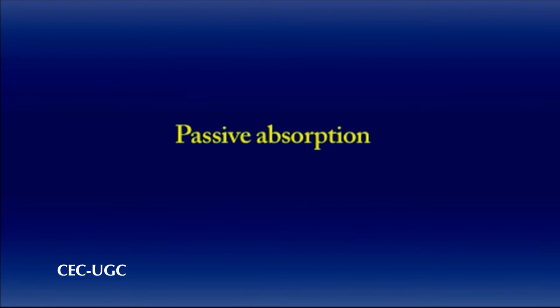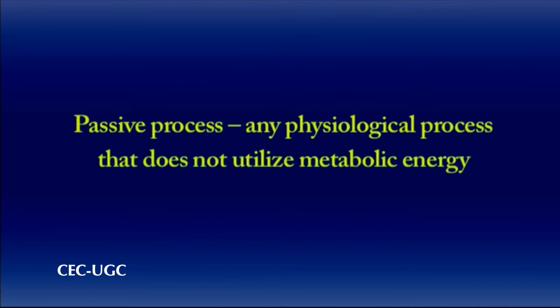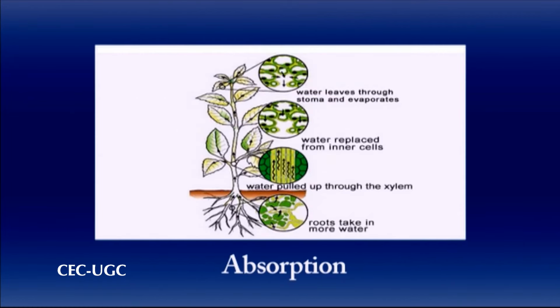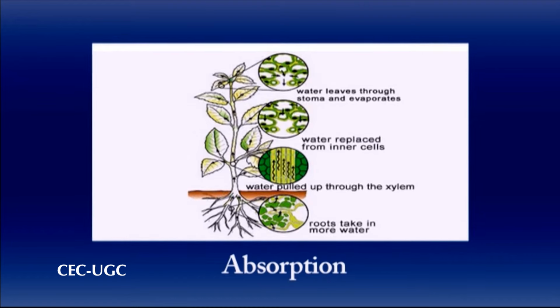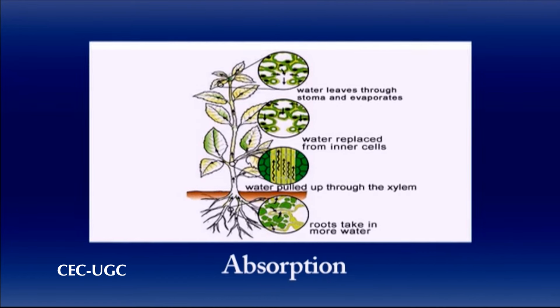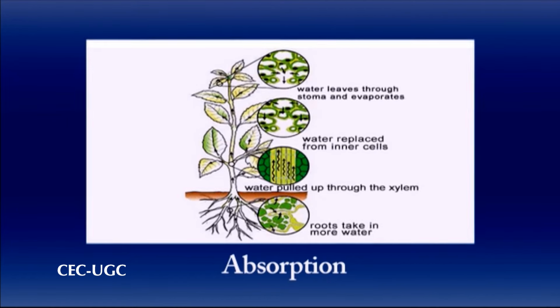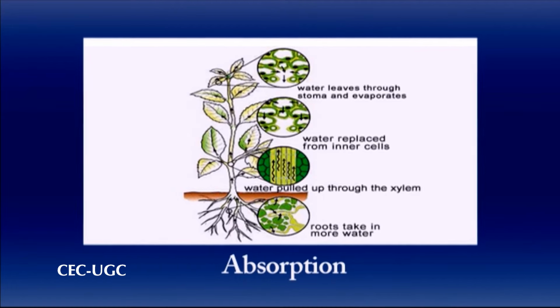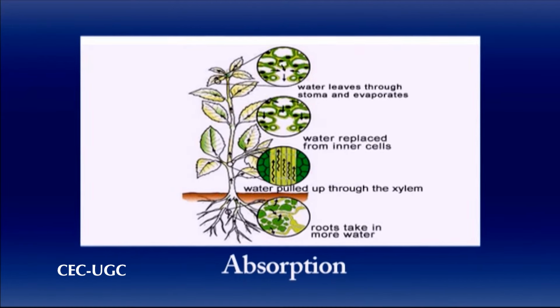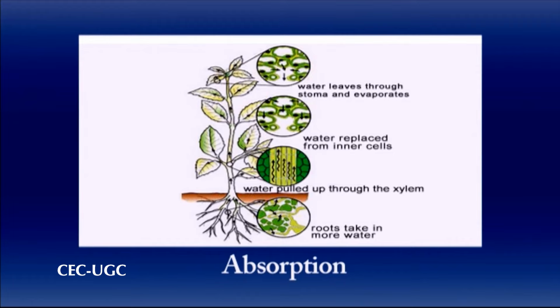First, passive absorption. Any physiological process that does not utilize metabolic energy is called passive process. Passive absorption is by osmosis. Passive absorption takes place along the concentration gradient when the concentration of cell sap is higher than that of soil water.